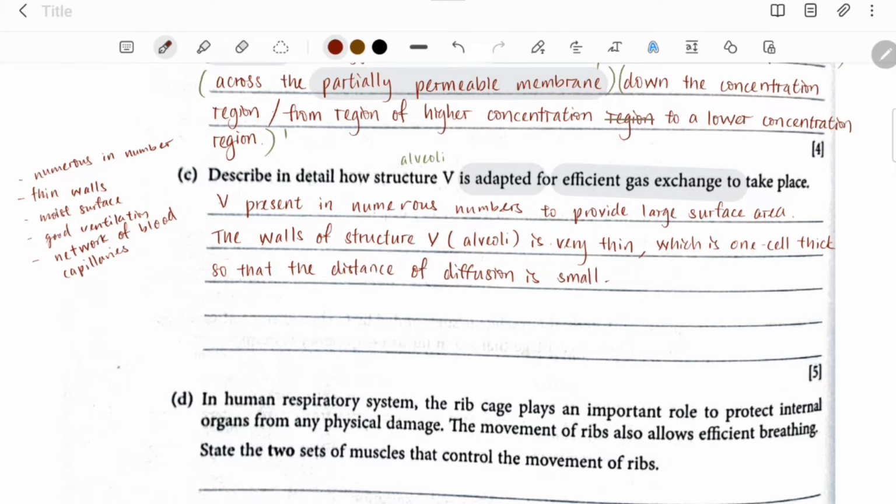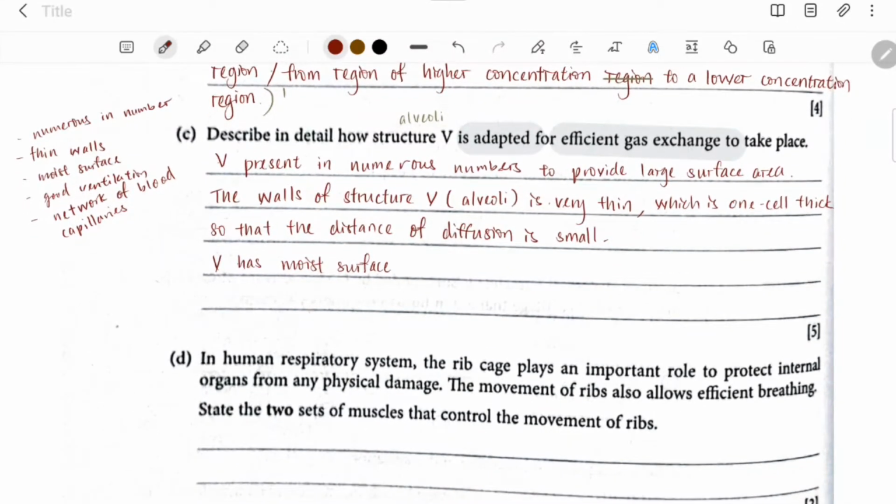And then after that, third point, you can say V has a moist surface lor, and has good ventilation with air.